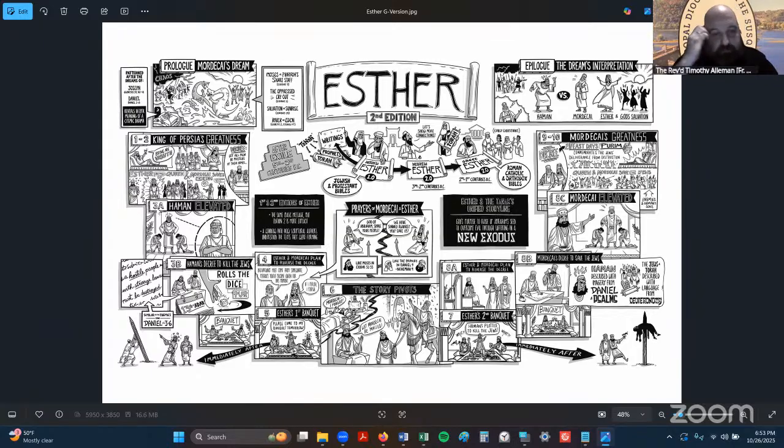Chapter 3, there is this character that we're introduced to by the name of Haman, who is the villain in this story. He is a chief officer to the king. He is elevated, he is highly praised. He doesn't like the fact that Mordecai doesn't make a big deal about him. He's angry at not being properly recognized for his greatness by Mordecai the Jew.